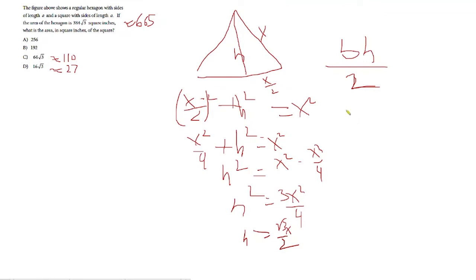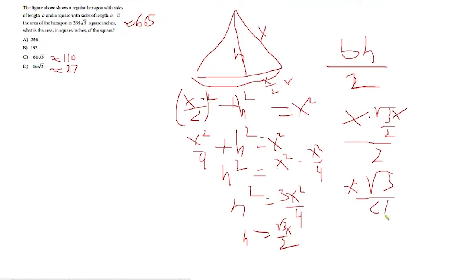So our base is x, because this whole thing on the back here is going to be x, also because it's equilateral. So it's going to be x times root 3 x over 2, all over 2. Base times height over 2. So you get x squared root 3 over 4. And that's your formula for the area of the equilateral triangle. Here we can derive it if we don't memorize it.